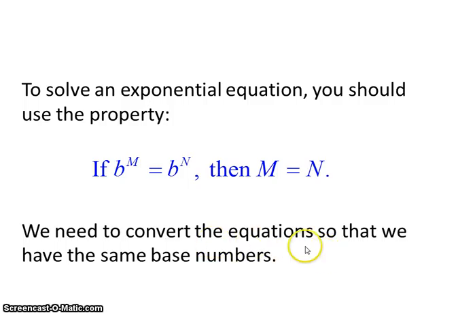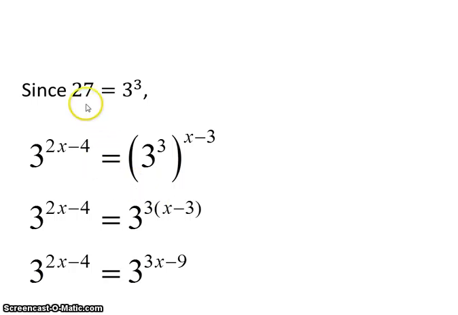We're going to have to convert the equation so that we have the same base number on each side. And luckily, since we've got 3 and 27, we can express 27 as a base 3 number. Since 27 is equal to 3 cubed, we're just going to replace 27 with 3 cubed in our equation.